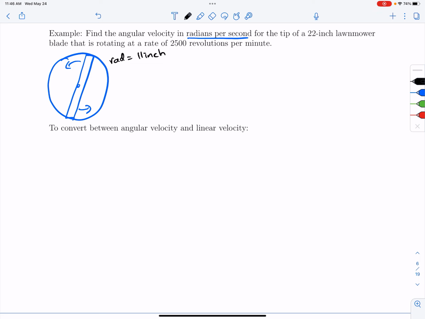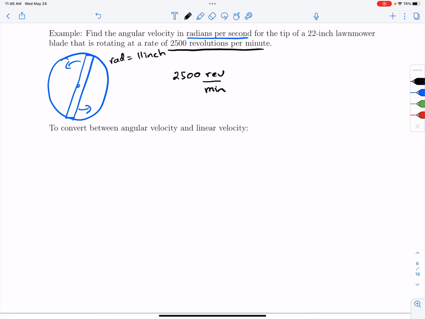The other piece of information we have is this 2,500 revolutions per minute. I'm going to write that down: 2,500 revolutions per minute. What that means is this lawnmower blade, in every minute, is turning 2,500 times.